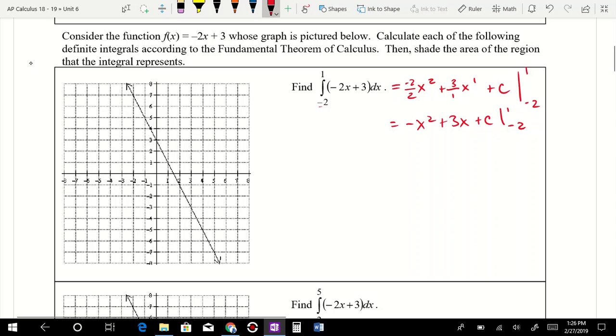So using FTOC, we know that F of b minus F of a is what we're looking for. Right?